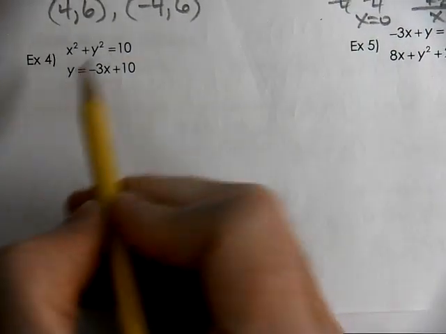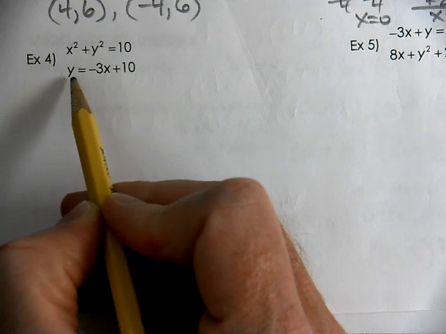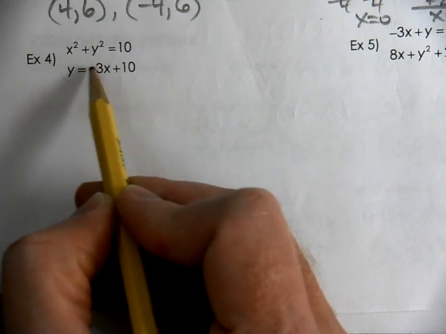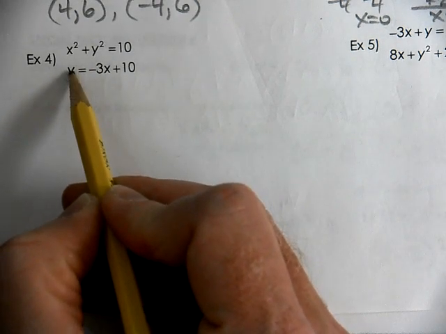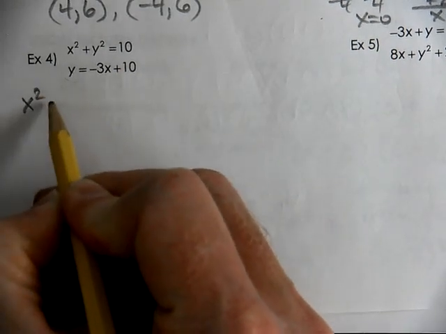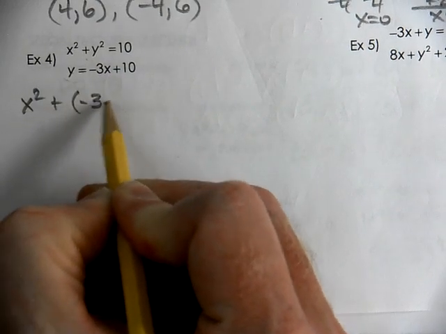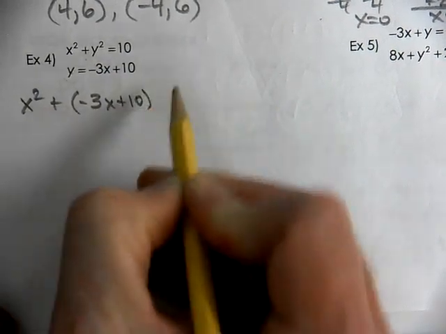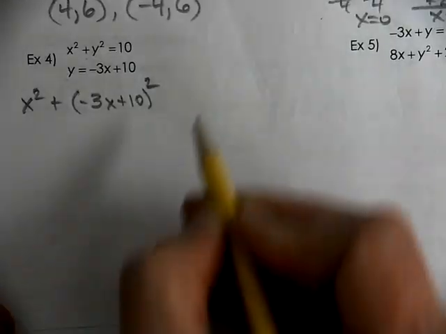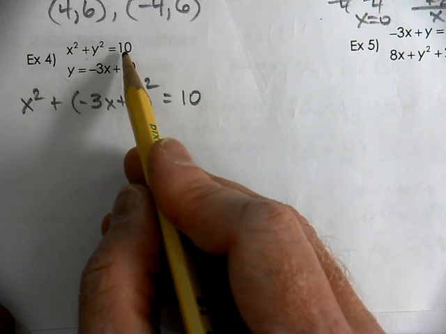Okay, let's try this. Again, we have a variable isolated. That's nice. So we know what y is, y in terms of x. So x squared plus what this y is, and the y is being squared, and it equals 10.